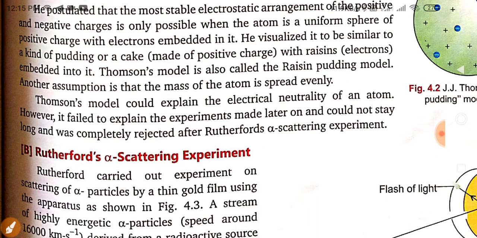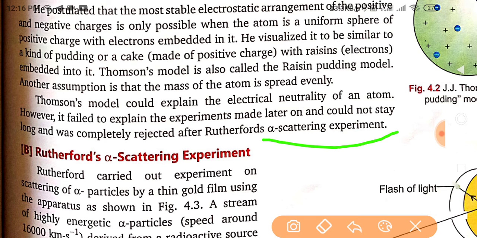Another assumption is that the mass of the atom is spread evenly. Thomson's model could explain the electrical neutrality of an atom. However, it failed to explain the experiments made later on and could not stay long, and was completely rejected after Rutherford's alpha scattering experiment.